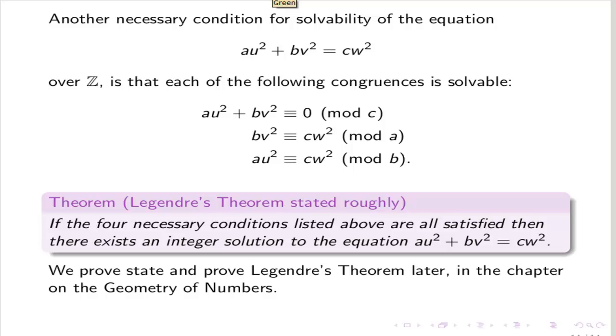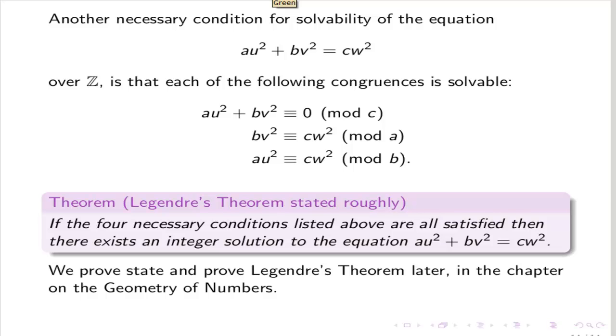And the remarkable theorem that Legendre proved is that these 4 necessary conditions really are sufficient. So he proved a theorem that says, roughly speaking, the following: if the 4 necessary conditions listed above are all satisfied, then there exists an integer solution to the equation au squared plus bv squared equals cw squared.